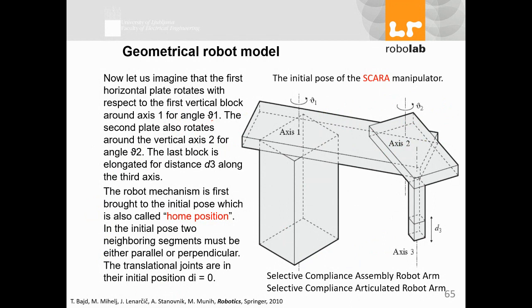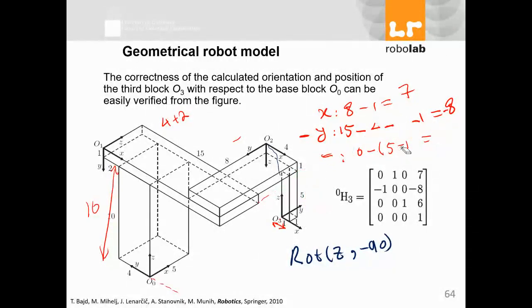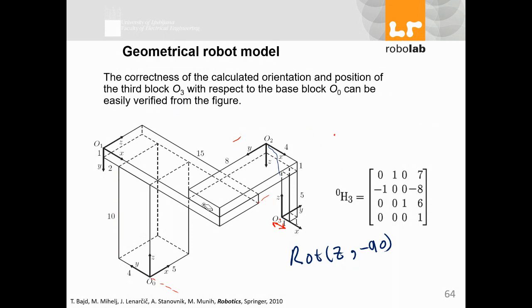The last block is extended by the distance d3. The robot mechanism is first brought to the initial pose, the so-called home position. Home position is something like this, where your angles and linear movements are all at 0.